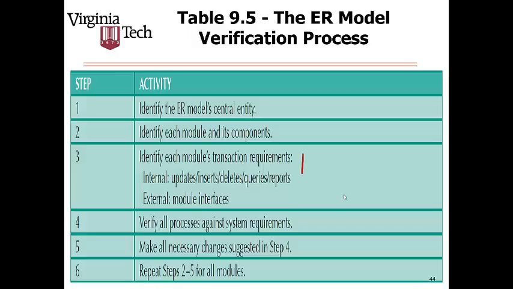In the same way that we said we had to check every attribute of every entity to identify its functional dependencies so we could know if it was a normalization violation, we have to do something similar here, except what we have to do is every transaction, every insert, update, and select that processes against our database, we have to know that we are giving it the right data that it needs.